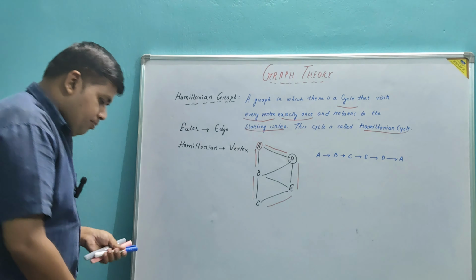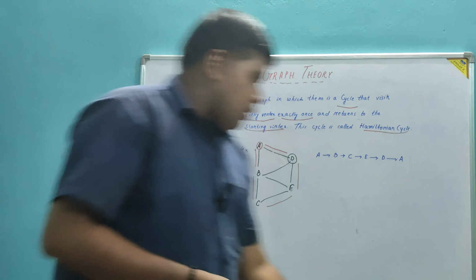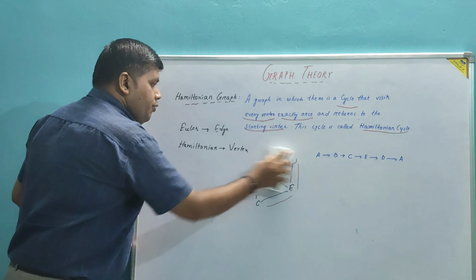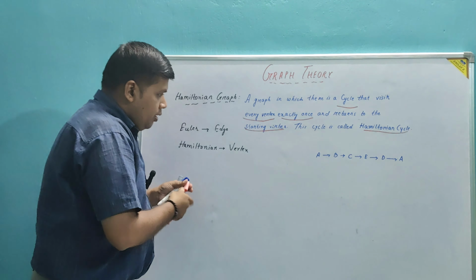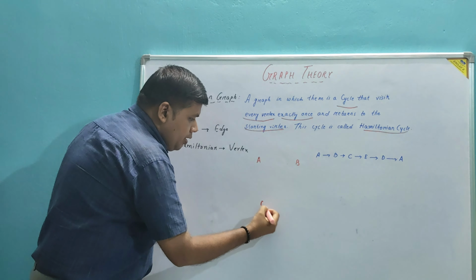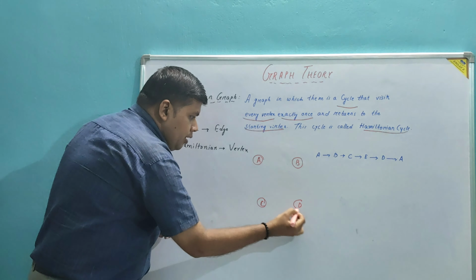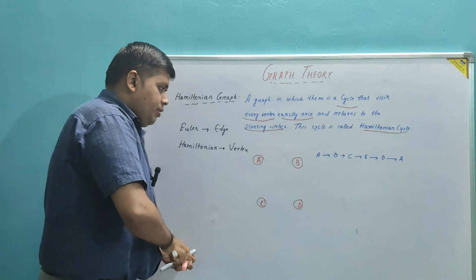We can take some more examples. For example, a square. If we consider a square, suppose there are 4 vertices A, B, C, D, and it is forming a square.